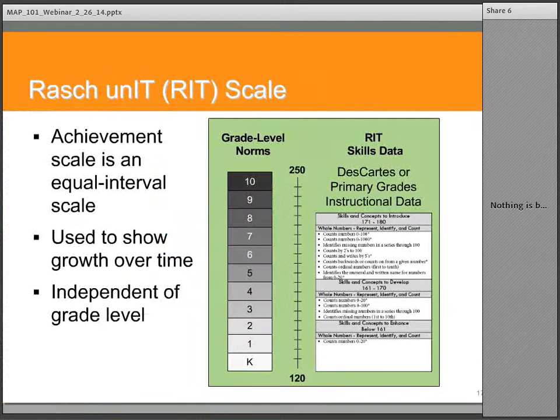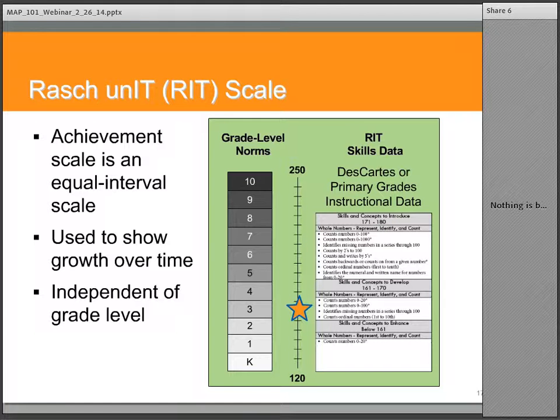Let's talk about what a RIT scale actually is. It's a really simple tool to use. It's like a yardstick in that every inch is an inch all the way up through the 36 inches that are there. As you can see here, it's used to show growth over time.